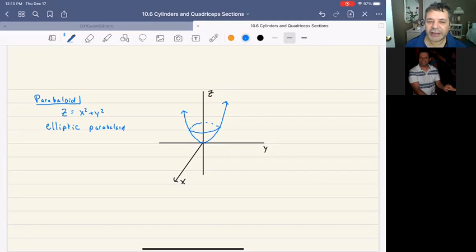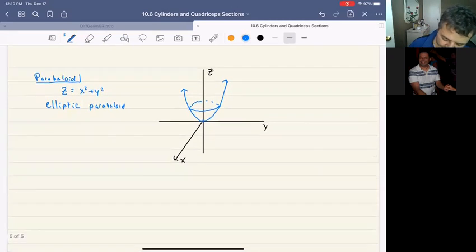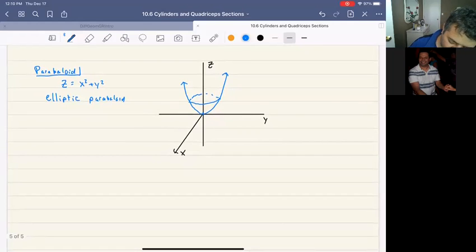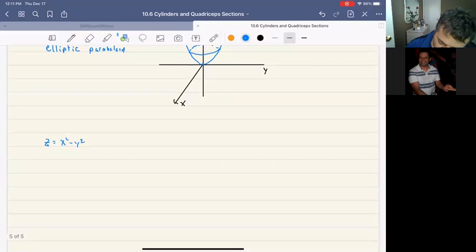Okay, let's look at a hyperbolic paraboloid. So that's modeled by, say, z equals x squared minus y squared. Okay, so that one's a little bit trickier. Okay, so how are we going to look at this?